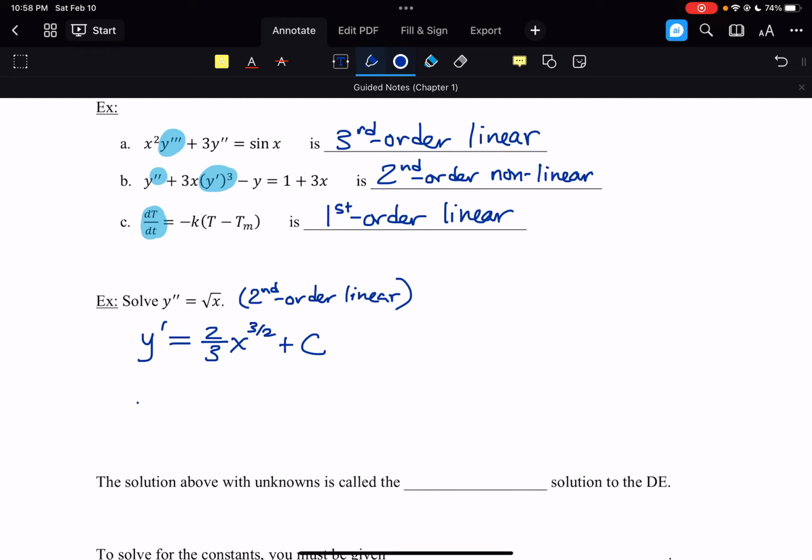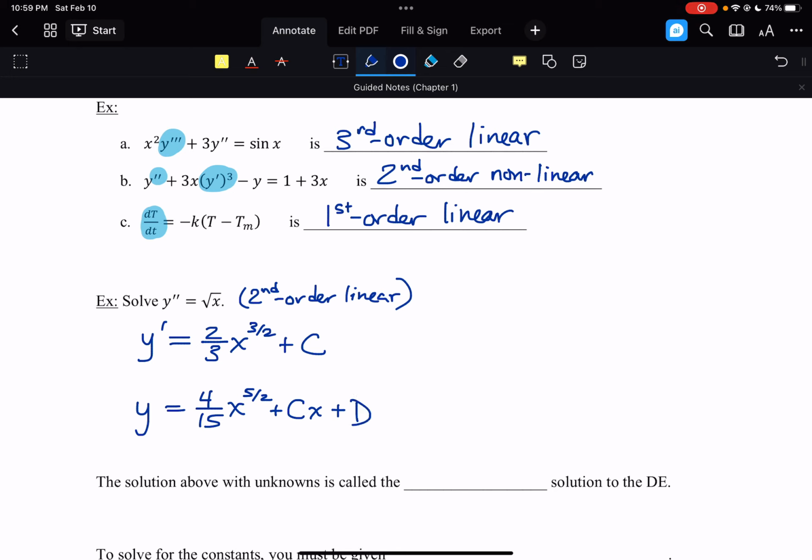And then to find y, we take one more antiderivative. So we're going to add 1 to the power, divide by that same number, incorporate that with the 2/3. We get 4/15 x to the 5/2 plus the previous constant picks up an x, and we get a new constant of integration.